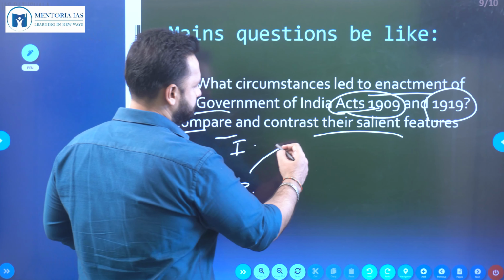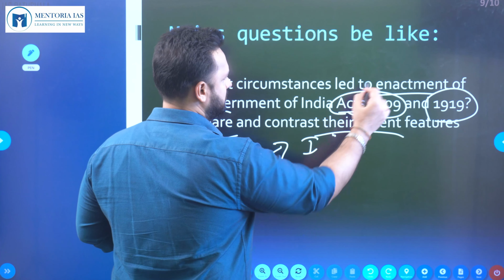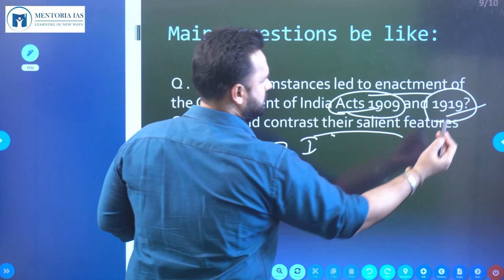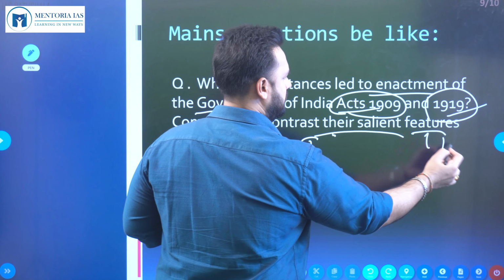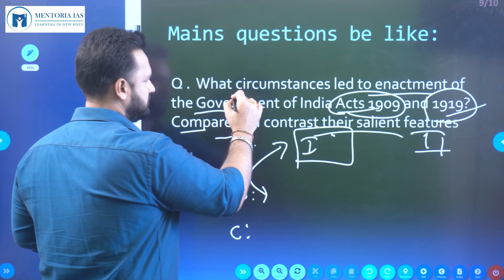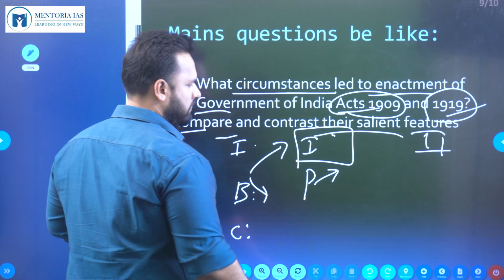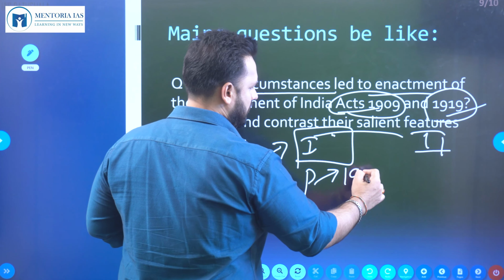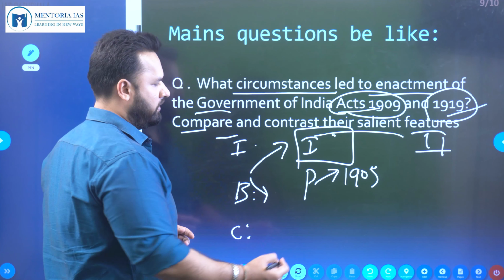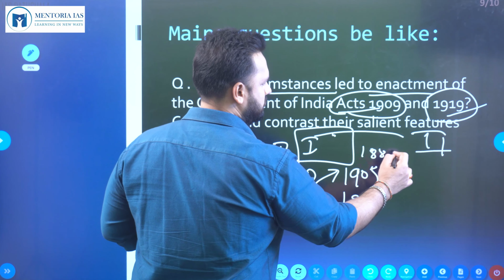And in the body, there are two parts. The first part is asking about circumstances. So what are the political circumstances? 1905 division of Bengal, 1907 Muslim League was formed, 1885 Congress was formed.